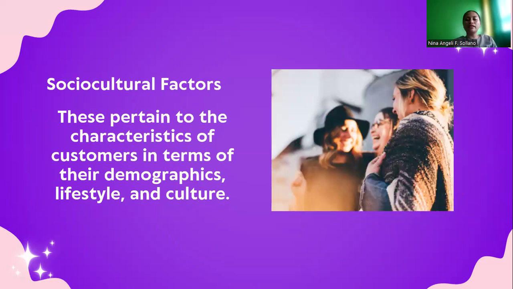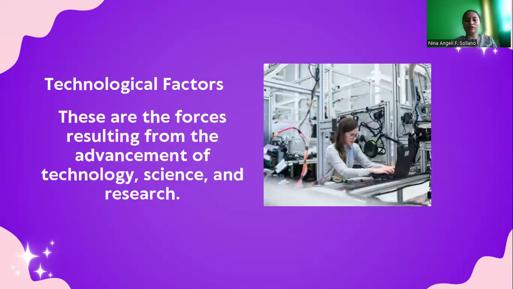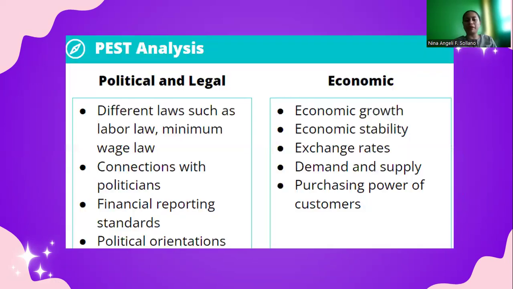Social-cultural factors pertain to the characteristics of the customers, in terms of demographics, the lifestyle that we have, or the culture that we have. And then technological is the advancement, or the use of technology, science, and research. So is it an advantage or disadvantage to our company?